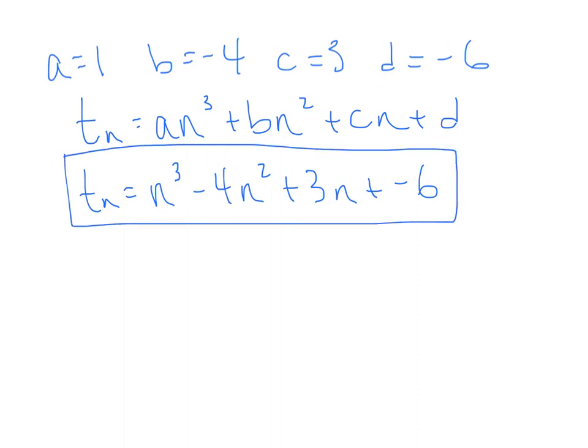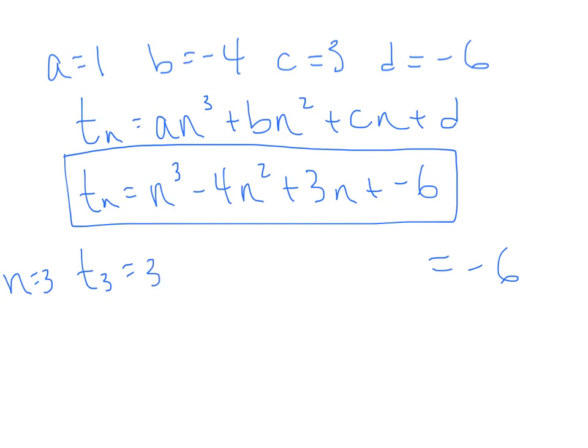As we've been doing in class and on homework, we should test this with our third term to see if we get the third term. And what was the third term? The third term was negative 6 if you go back to the beginning of your notes. And so when I substitute in, I'm hoping to get it equal to negative 6. So let's see, since it's the third term, n is 3.